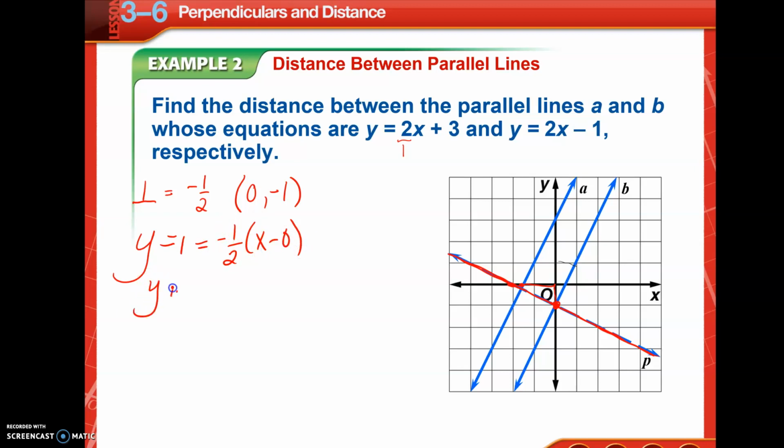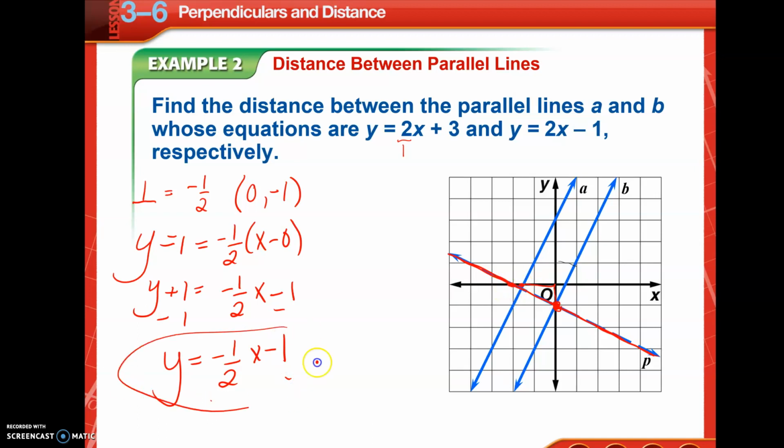So simplify that: y plus 1 equals -1/2 x, and then subtract 1. Y equals -1/2 x minus 1. Or you have your y-intercept, which is -1, and you know your slope, which is -1/2. So I could write that equation without the point-slope form.